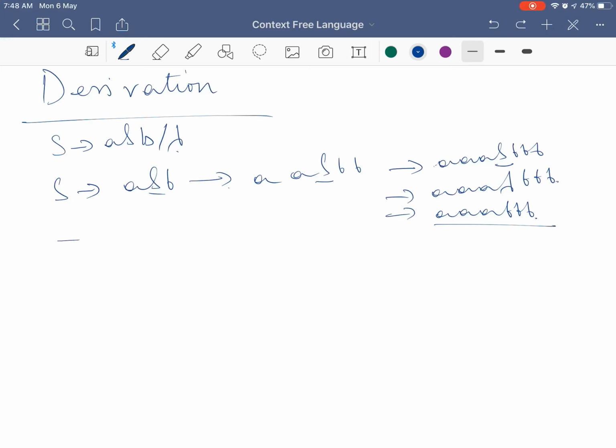Now there is another way of seeing the derivation also. The second way of seeing the derivation is called the derivation tree, which is an ordered tree.